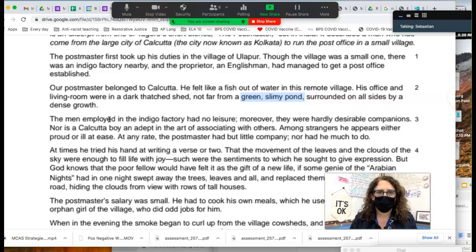Maybe he feels suffocated because he's surrounded by dense growth on all sides. Yeah, and dense, we might not know the word, but you're getting at it. He feels trapped, right? He's not really trapped, but there's this deep forest, these trees that you can't really get through.